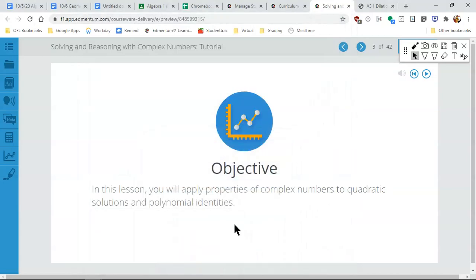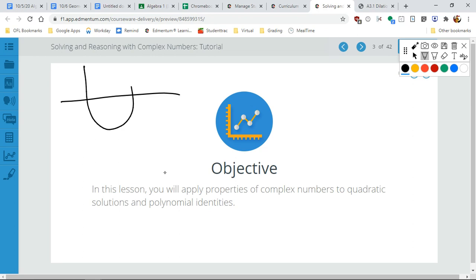All right. So now we're going to mess around with the ideas of complex numbers and how they can be used in quadratic equations. The main idea for why complex numbers are useful is because, you know how when we did parabolas, we would solve by figuring out wherever the parabola equaled 0.